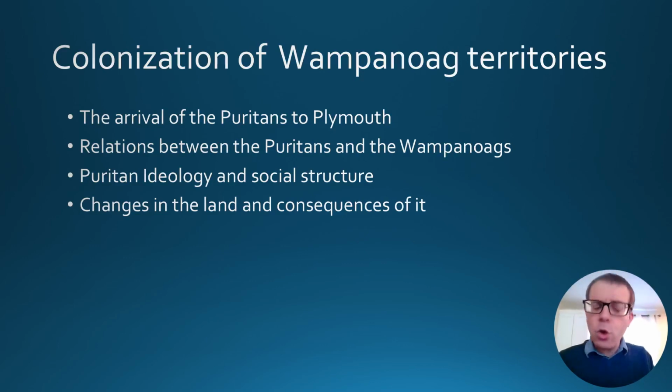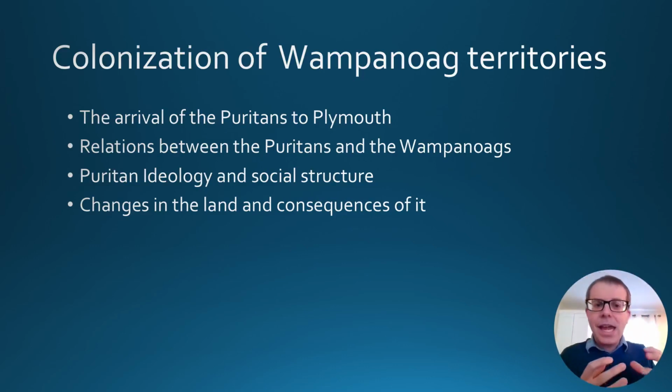And their goal is not to farm cash crops, but as I was saying earlier, to set up this godly community with independent farmers that grow their own food and live in a Puritan type of way. So the Puritans are able to set up a fairly successful settlement at Plymouth.